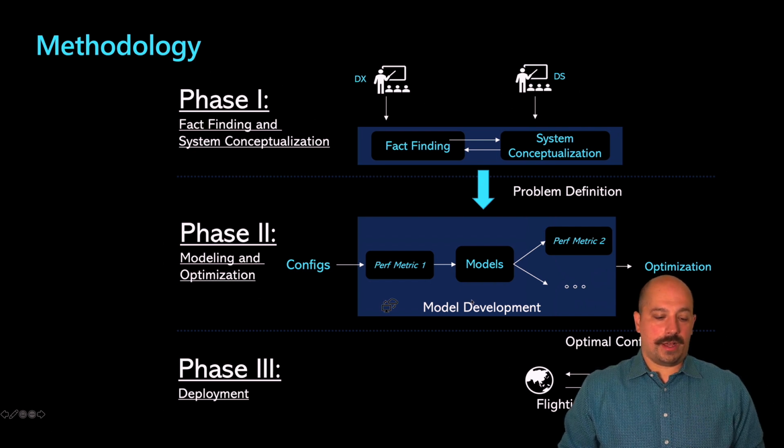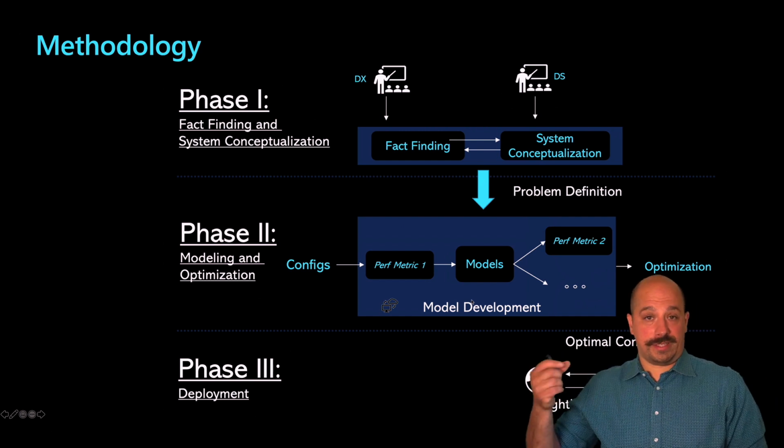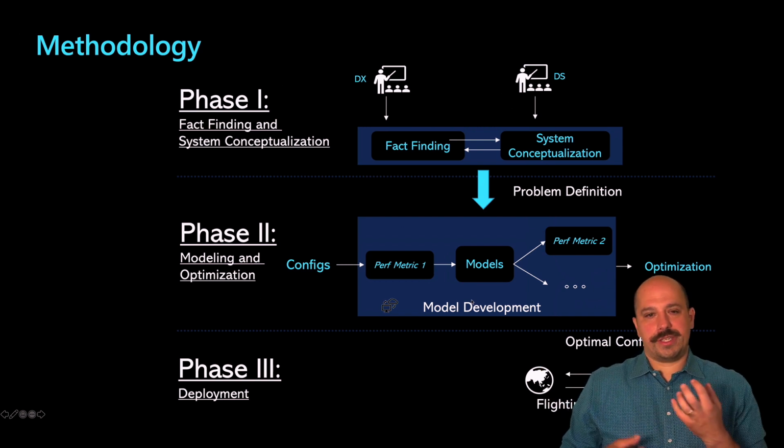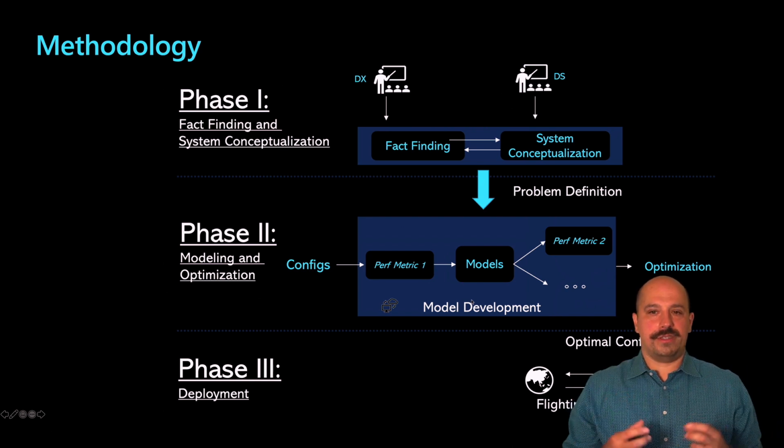The first phase is fact-finding and system conceptualization. In this space, a domain expert, for example, an engineer from either a research team or a product side that is really familiar with the infrastructure, works with a data scientist. The goal here is to tease out characteristics of the system, simplify the view of the system, and extract a good problem definition.